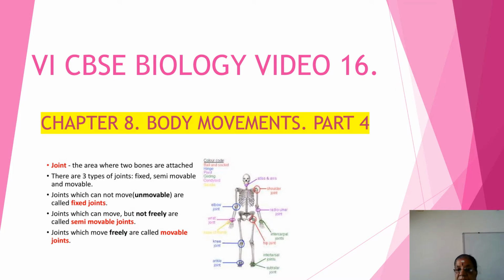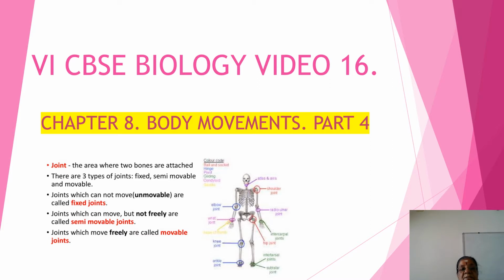That is what we are going to see now in the picture presentation. Now what you are seeing in this picture is a joint, a human skeletal system joint. One by one I will explain as we proceed further in this video. So now, a joint is the area where two bones are attached. Otherwise we say where two bones meet. There are three types of joints: fixed, semi-movable, that is slightly movable, and movable.